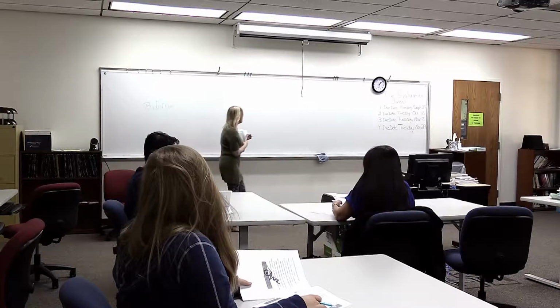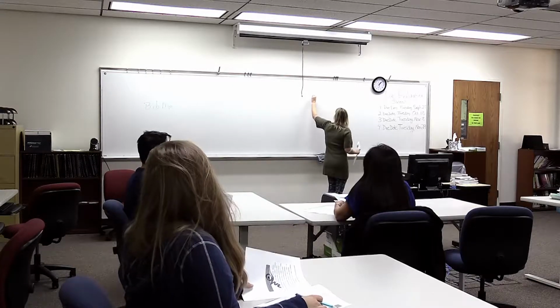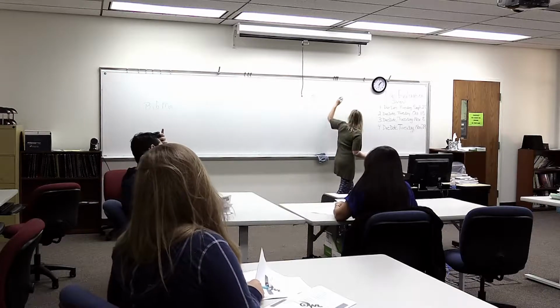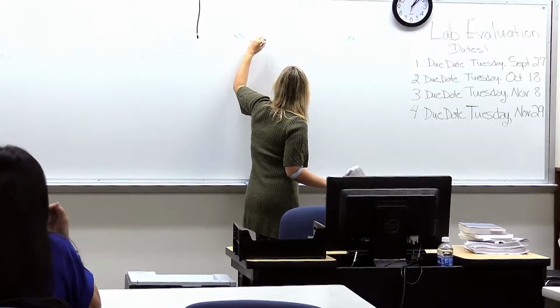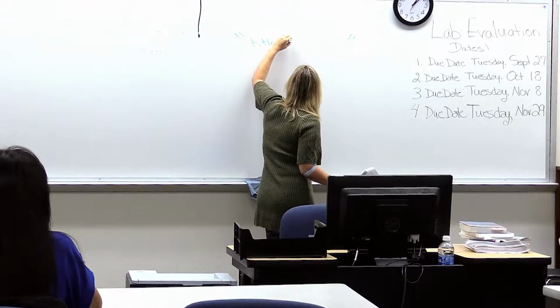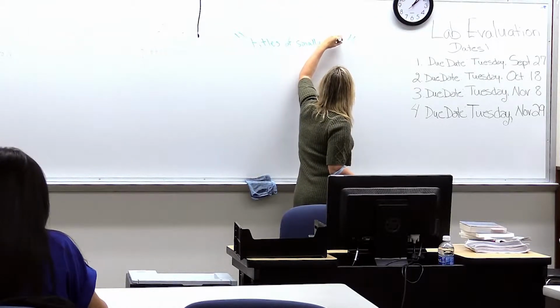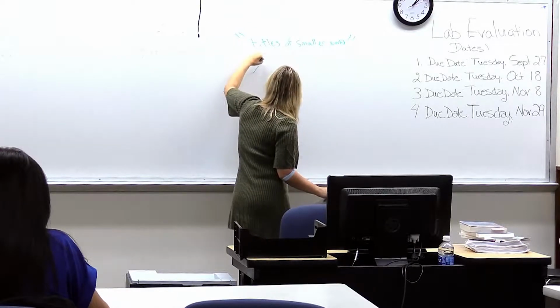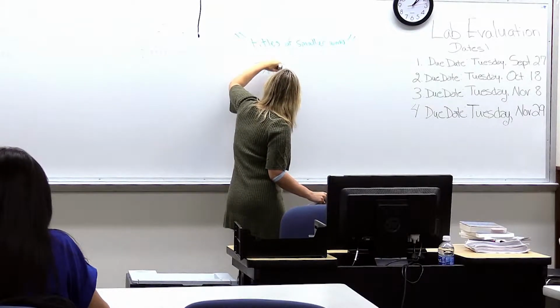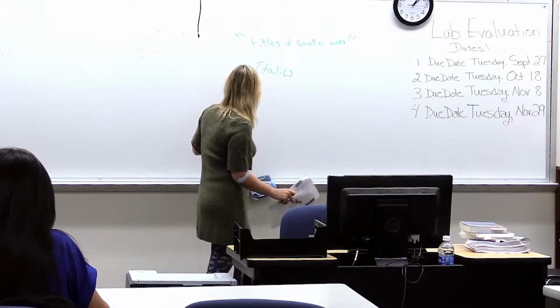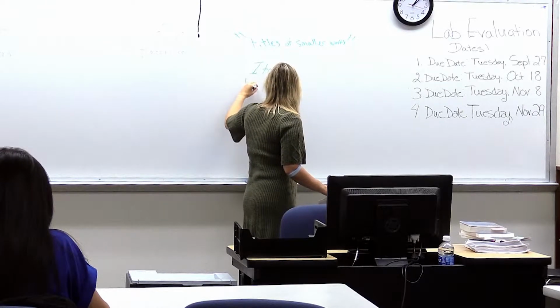For MLA, you're going to use quotation marks to encompass the titles of smaller works. And then you're going to use italics, this is my best impression of italics in handwriting, for larger works.